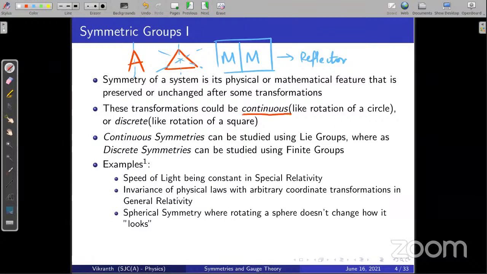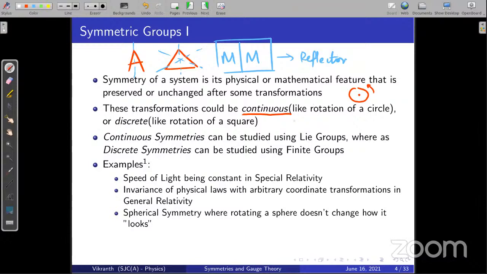An example for that is the rotation of a circle. So if I have a circle with a center over here, no matter how I rotate it, it's still going to remain the same. If I haven't labeled any points or anything, no matter how much I rotate it, it's still going to appear the same. Or it can be discrete, like the square. You will realize that the square is being rotated when it is being rotated.